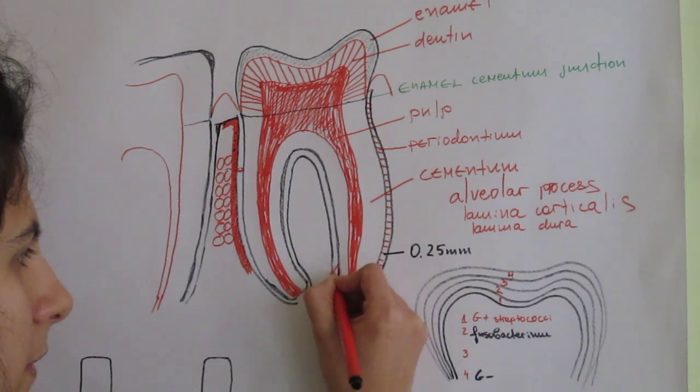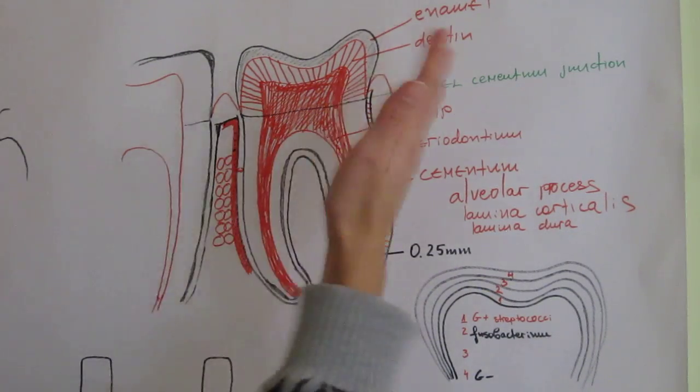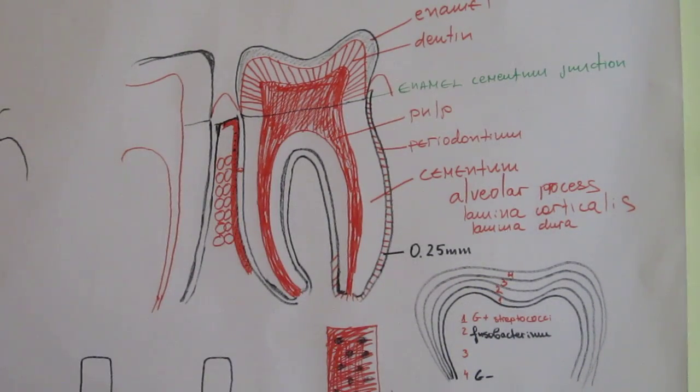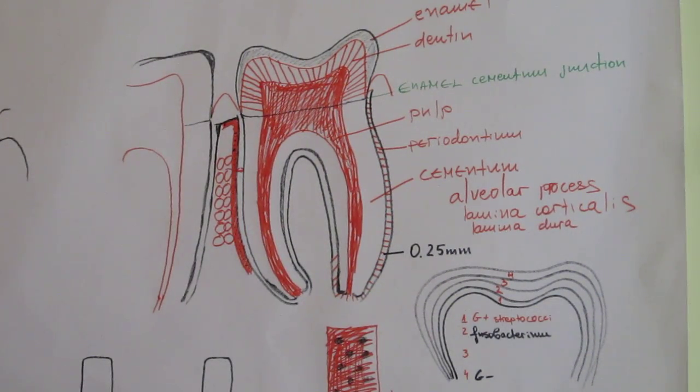So the radial fibers react against the lateral movements of the tooth in the vestibular-oral direction, or even in the mesial or distal direction. As you know, most likely the tooth can move to the mesial side of the dentition.